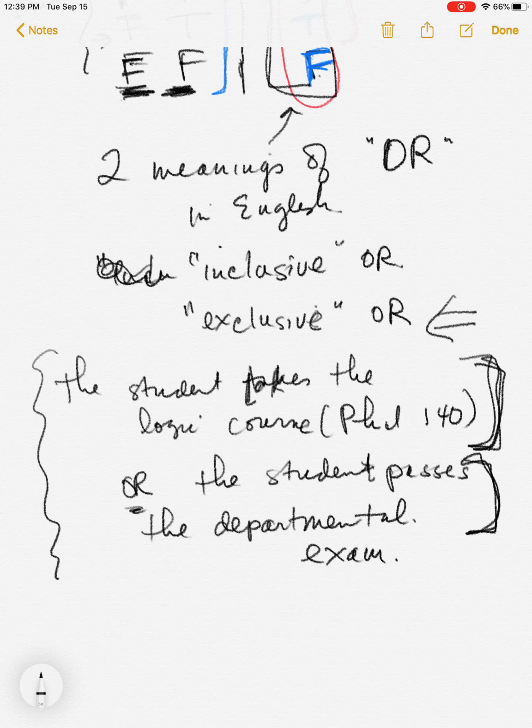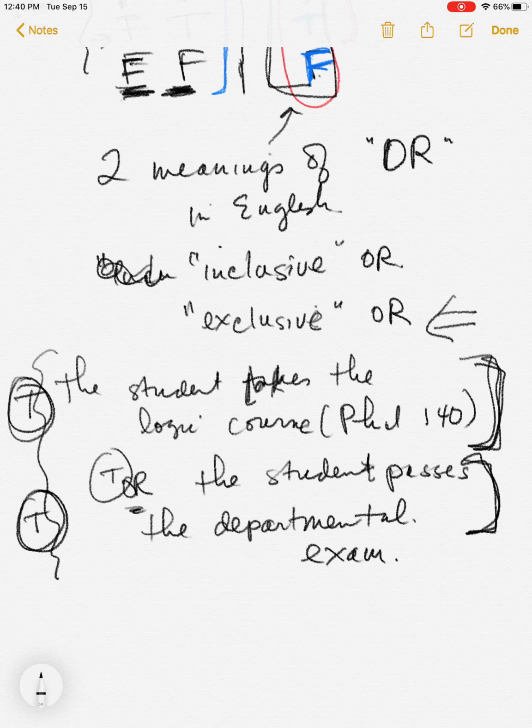Is the Harvard Philosophy Department going to say, nope, you haven't satisfied the requirement because you both took the logic course and passed the departmental exam? Sorry, you haven't satisfied it. Well, that's crazy, right? So I think this is a nice example where you've got a disjunction with two true disjuncts, but clearly the whole thing is true.